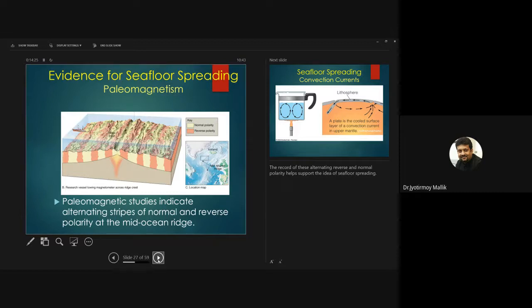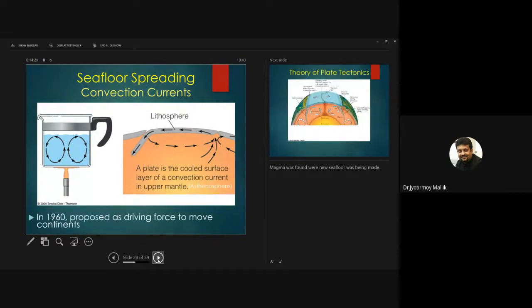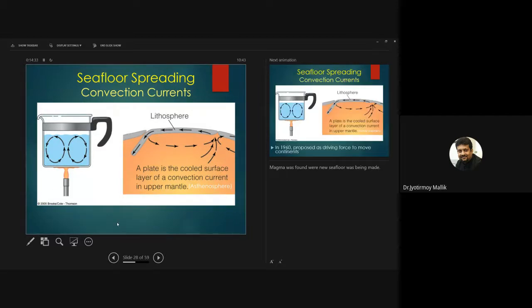So any other question? So, together with seafloor spreading and continental drift, that constitutes plate tectonics. And why does plate tectonics happen?